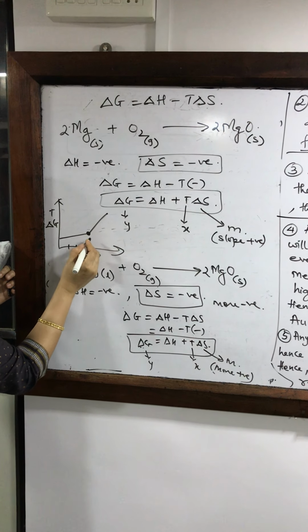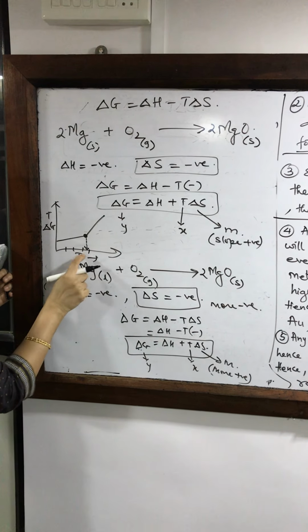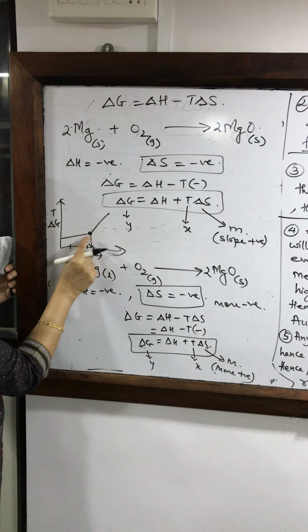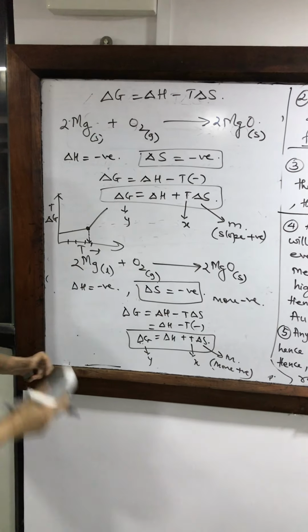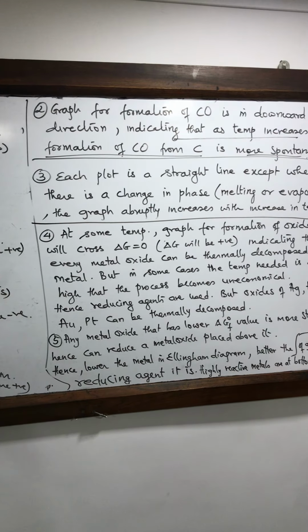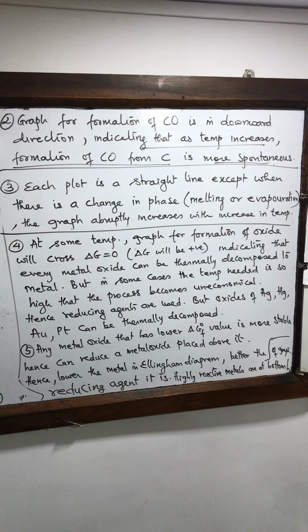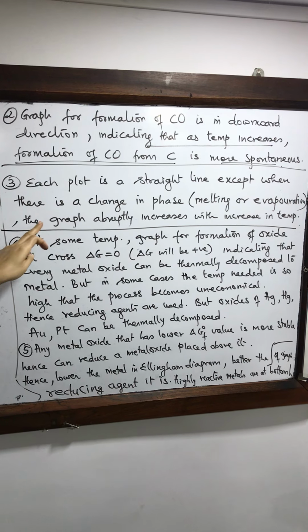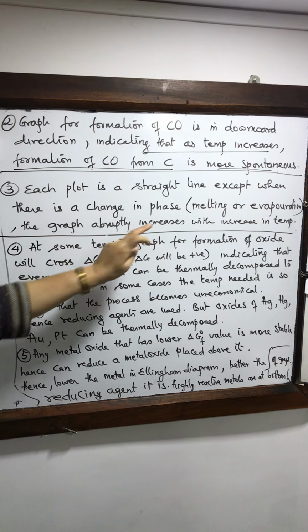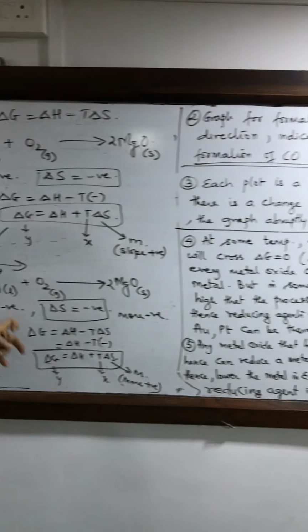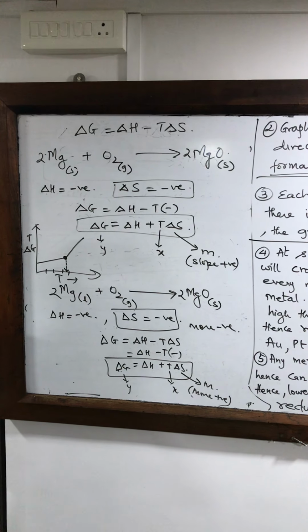So this is the melting point of magnesium, which is indicated by an abrupt increase in the slope. And that is the third point that we have to read in the Ellingham diagram: each plot is a straight line except when there is a change in phase. The graph abruptly increases as temperature increases is explained from this particular example.